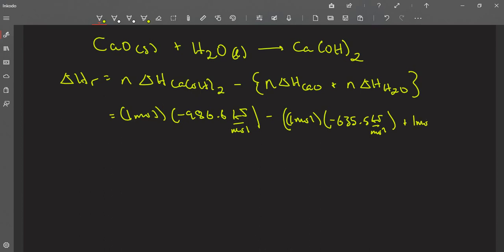Also 1 mole of water and its enthalpy of formation. And squeeze a bracket there. Okay, right, so mole cancels out, mole cancels out, mole cancels out. And we have, with a bit of calculator math here, minus negative 81.93 kilojoules is your answer.